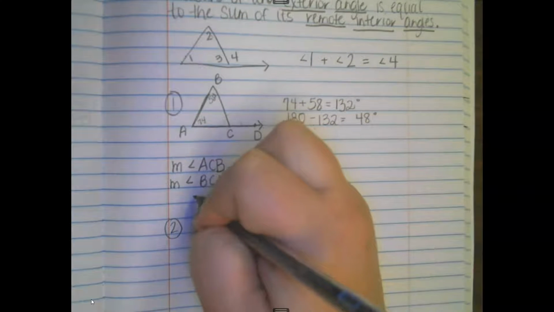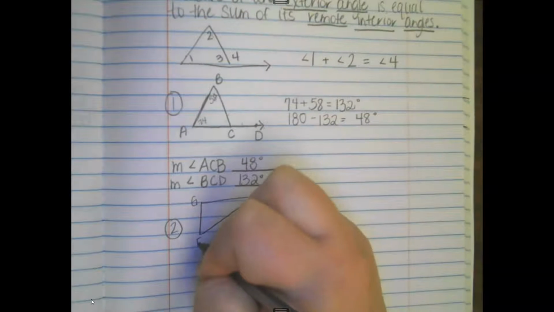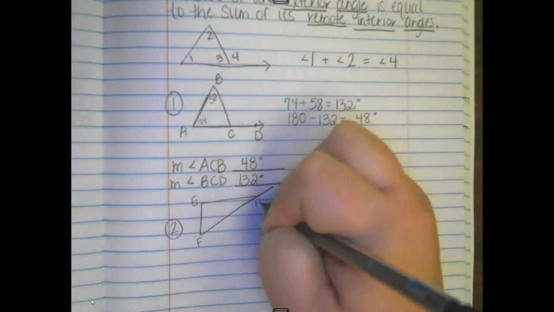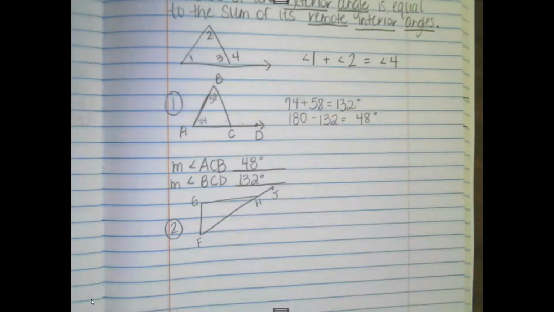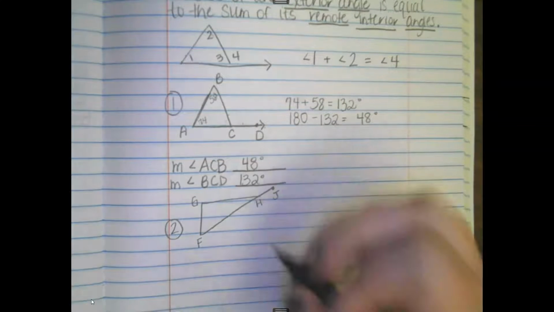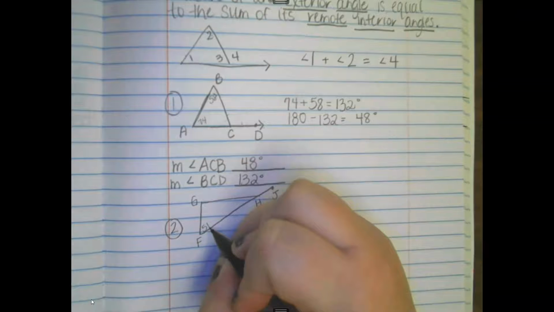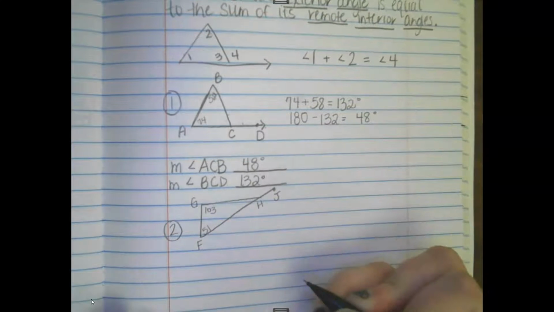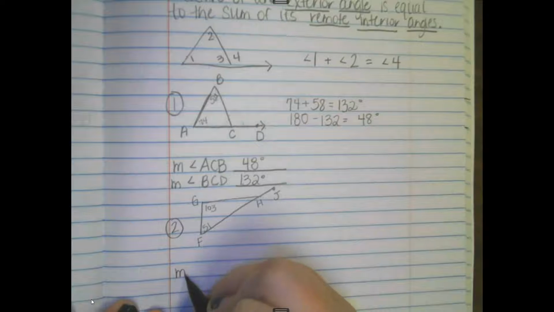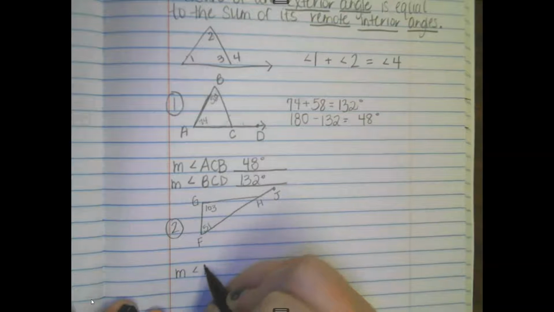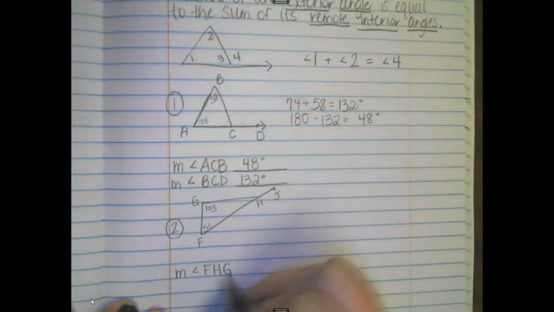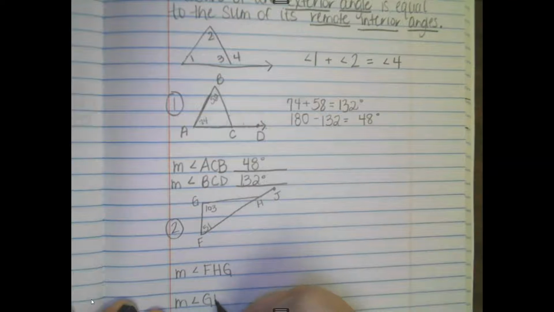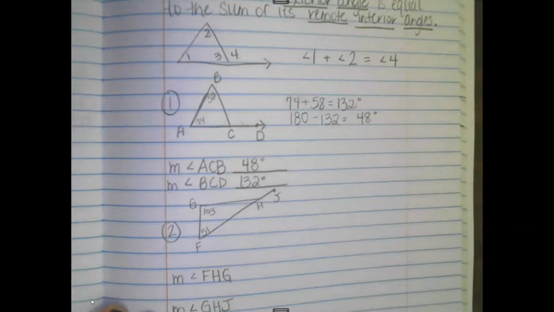So this is going to be G, F, H, and then we're going to put a dot there to be J. And F is going to be 51, and G is going to be 103. It's asking us to find the measure of angle FHG and the measure of angle GHJ. Give you a minute to copy that down if you need to.